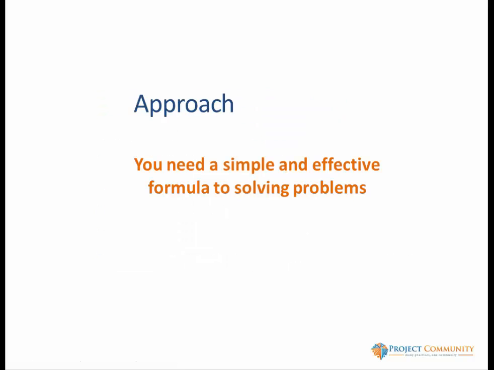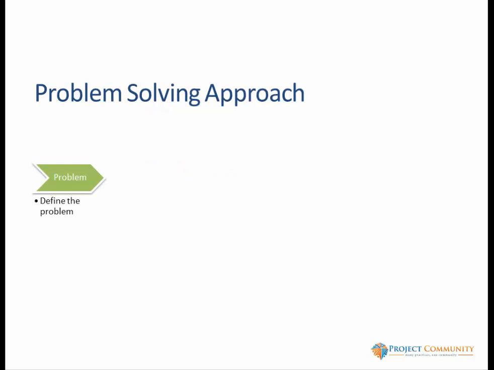But let's look at how we're actually going to solve our problems. So what you need is a simple and effective formula to solving problems quickly. First, you need to define the problem. You need to be clear on exactly what the problem is that you're trying to solve. Now, like I said, sometimes the real problem is actually kind of shadowed by some other problems that are on the top.